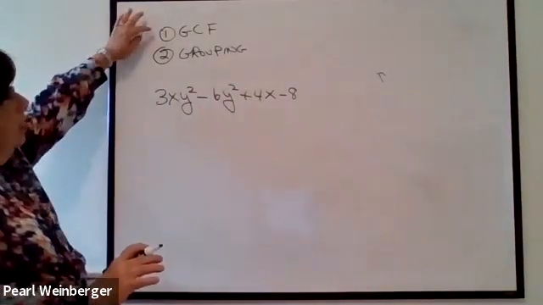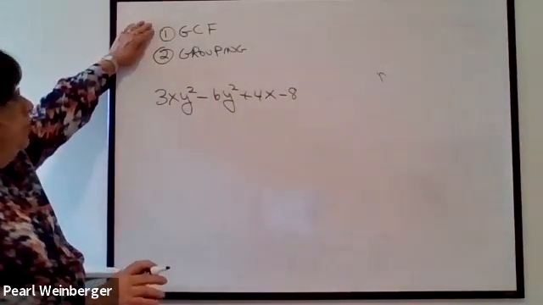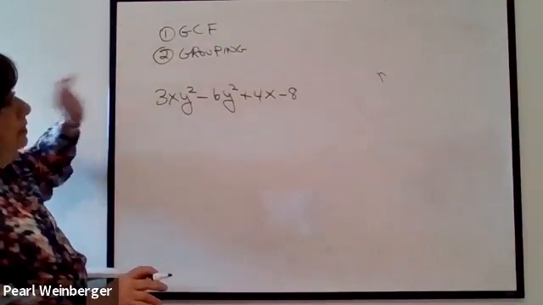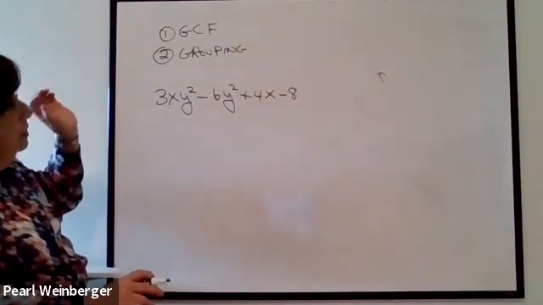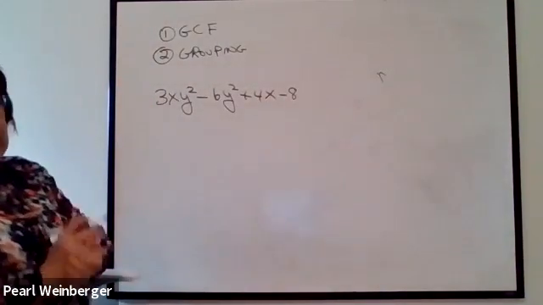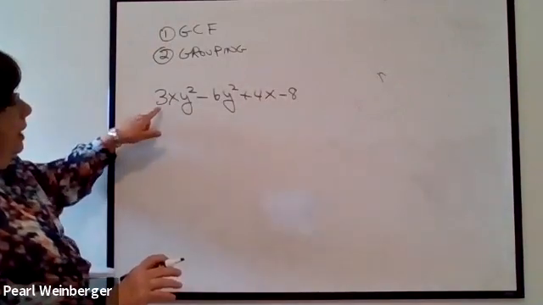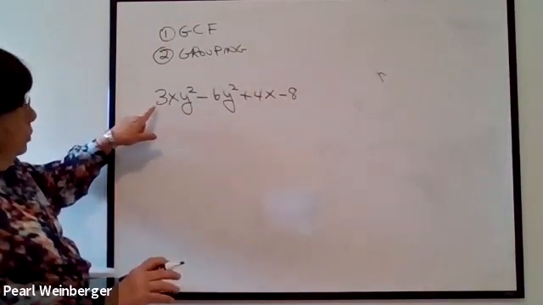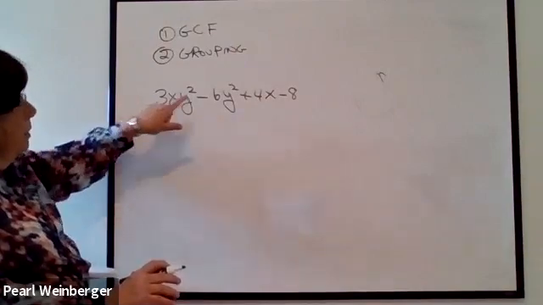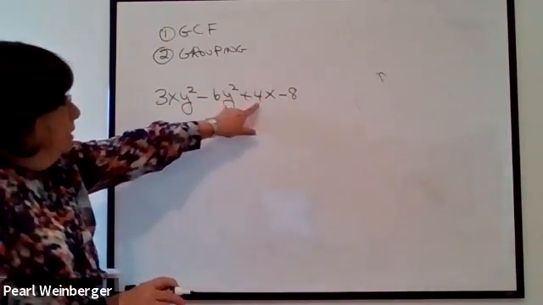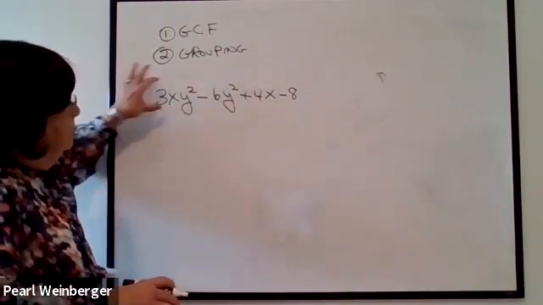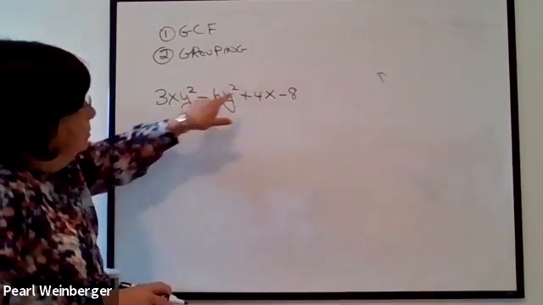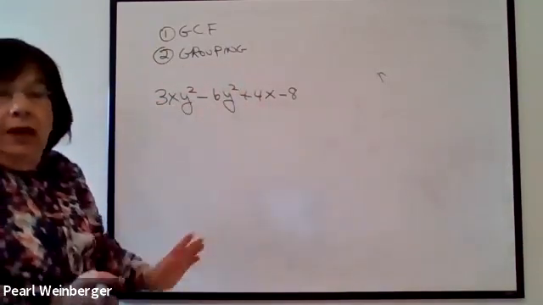And again, our first step whenever we do factoring is to look, is there a GCF? Is there a greatest common factor? And if I look at it, first of all, look at the numbers. There's a 3 here and a 6, but the next one is 4. There's no number that goes into 3, 6, 4, and 8. There's no common number.